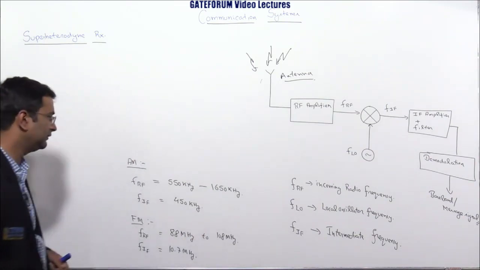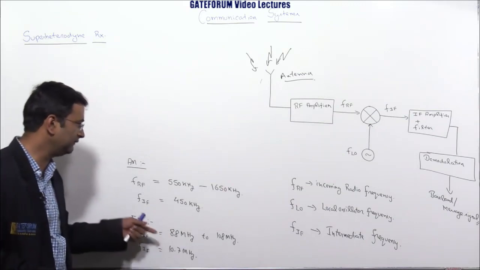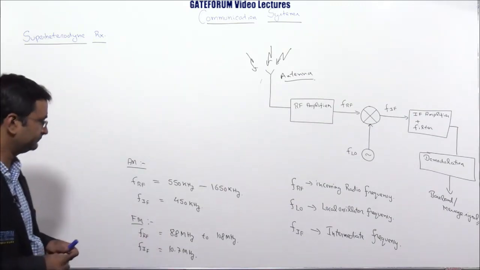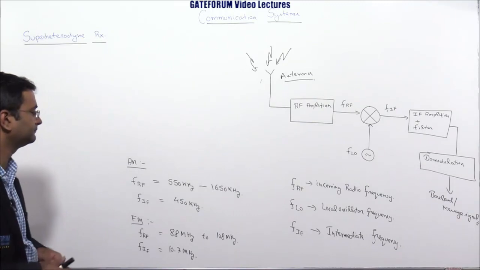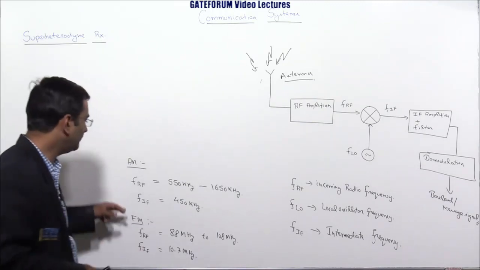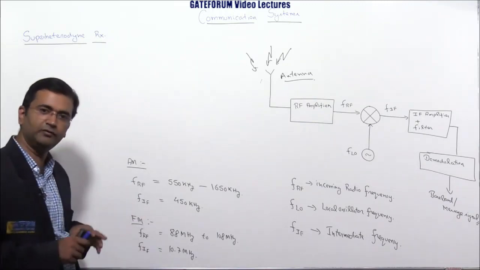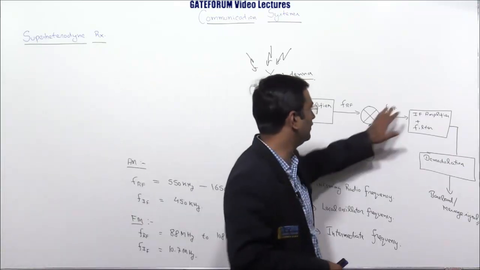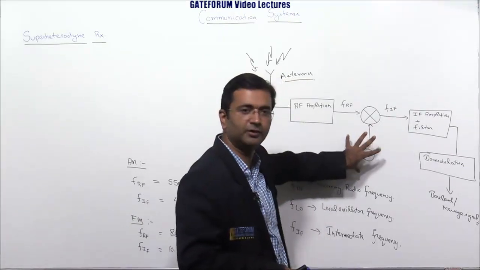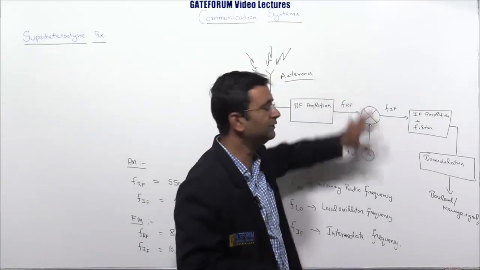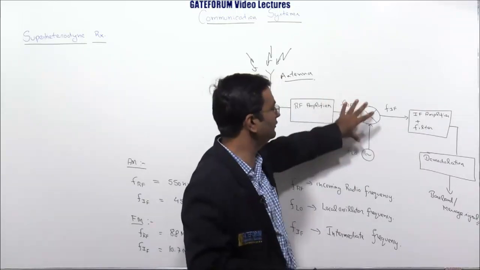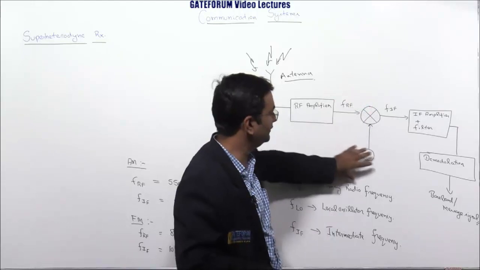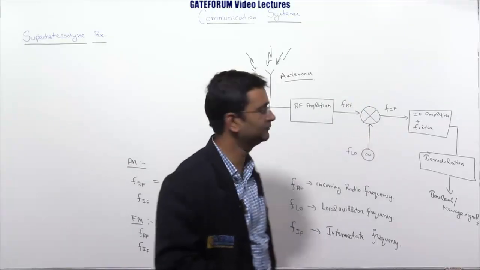Okay, there is a reason for choosing this FIF. Now, based on FRF and FIF, LO frequencies are generated, because that is present within the super heterodyne receiver. So this is present in the super heterodyne receiver, and this is the incoming signal. This is of course not in our control, but this is totally in our control, FLO.